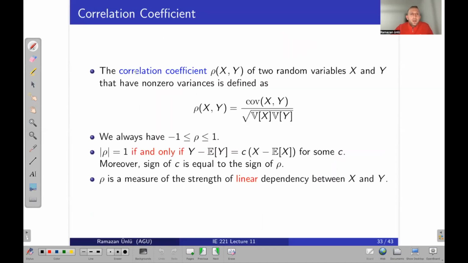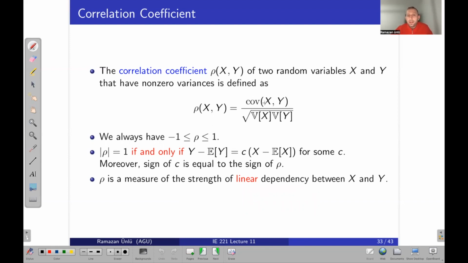Okay, so let's say these two random variables are dependent, but what is the level of that dependency? What is the strength of that dependency? To measure that, we use the correlation coefficient of two random variables, x and y, that have non-zero variances.